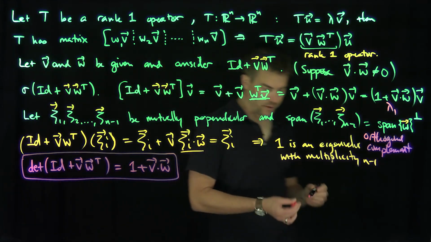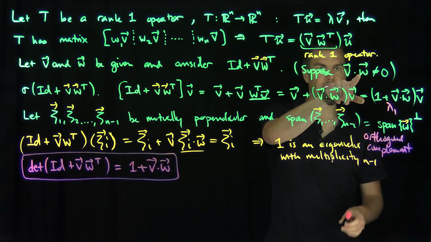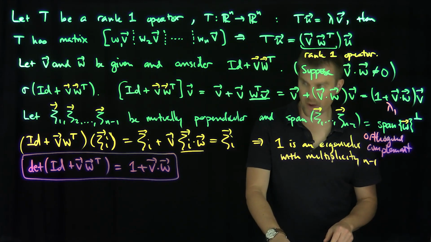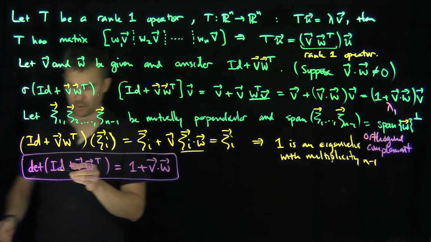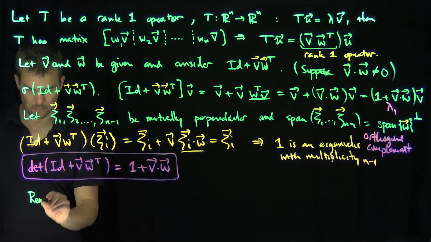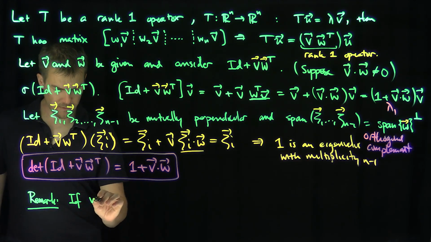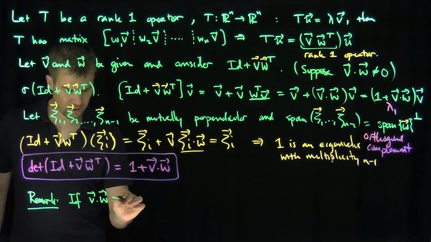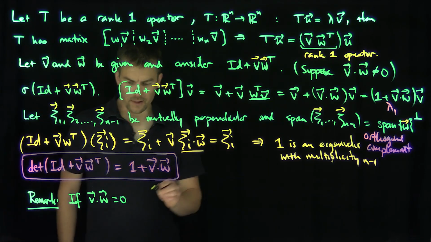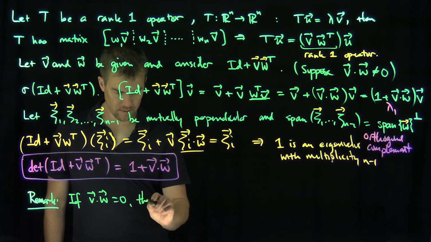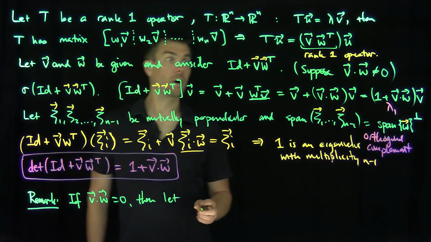Now let's suppose the other case. What happens in the case when v dot w is equal to 0? Just as a remark, if v dot w is equal to 0, then what haven't we used yet?